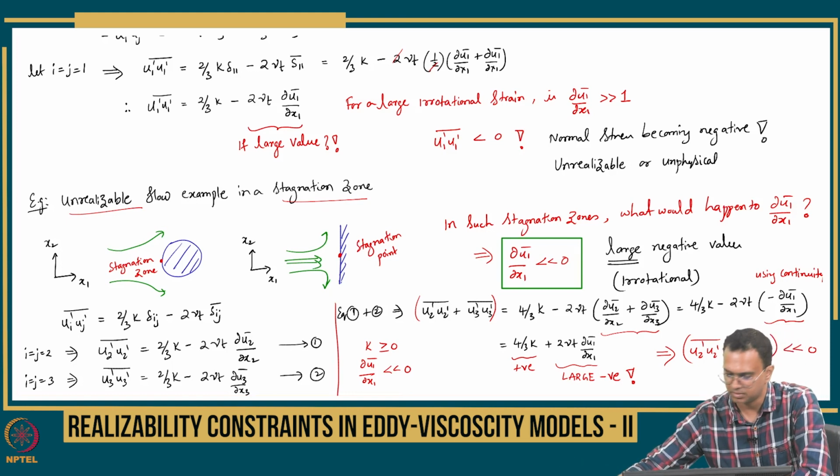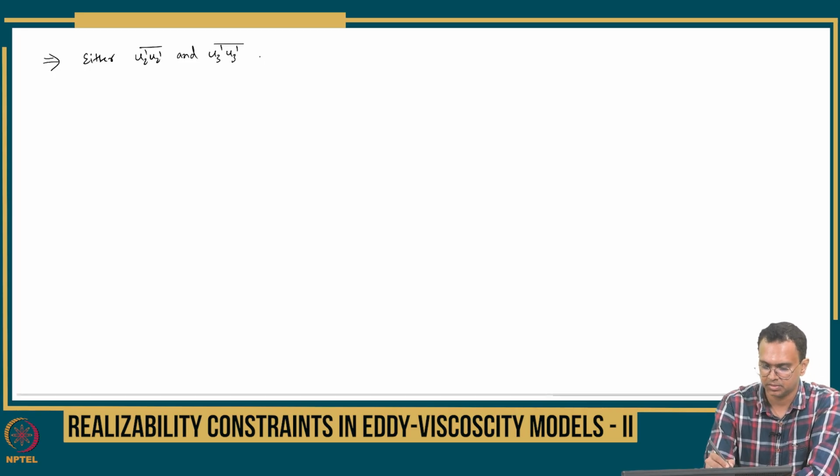So this means either u2 prime average and u3 prime average are both negative, or one of them is a very large negative value.